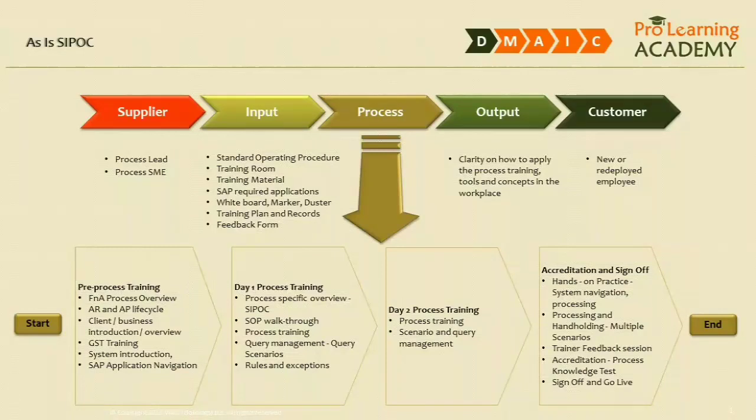SIPOC: supplier, input, process, output, customer. Okay, so let's understand SIPOC in simple terms. So in life, in our personal life, in business, or in any industry, consider the service industry, there is a giver and a receiver, or say provider.